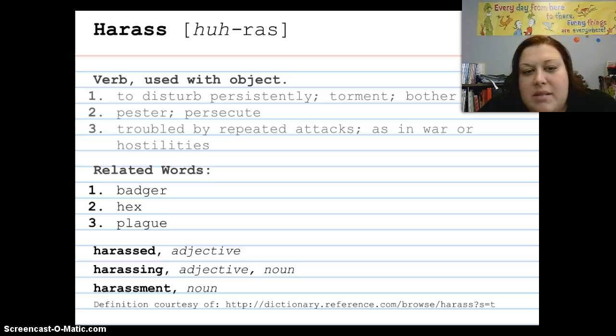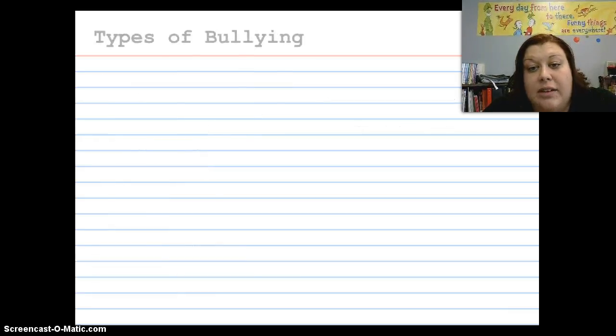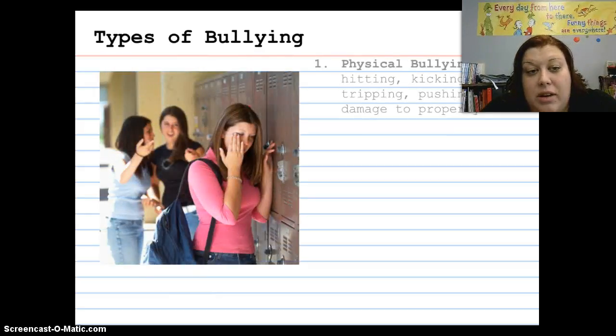You can see again some of those powerful descriptive words are used: torment, bother, pester, attacks, hostilities, and plague. So obviously we can see from these definitions that bullying and harassment are very big deals and definitely something that we need to be aware of in schools.